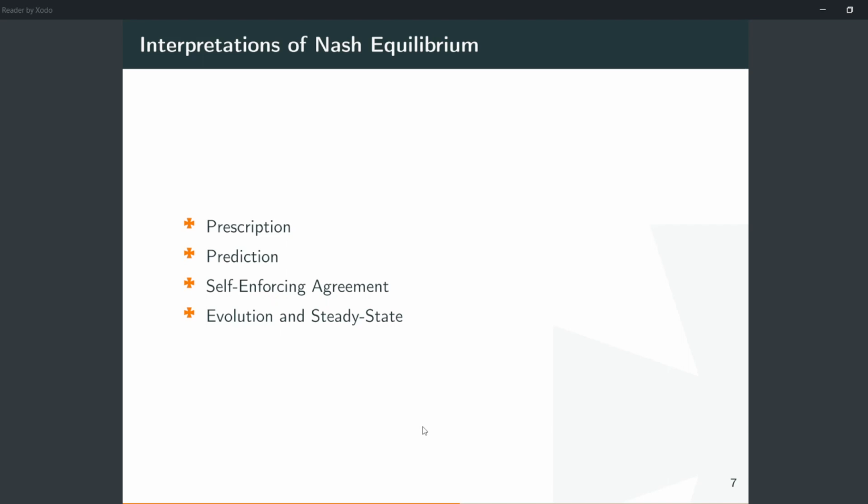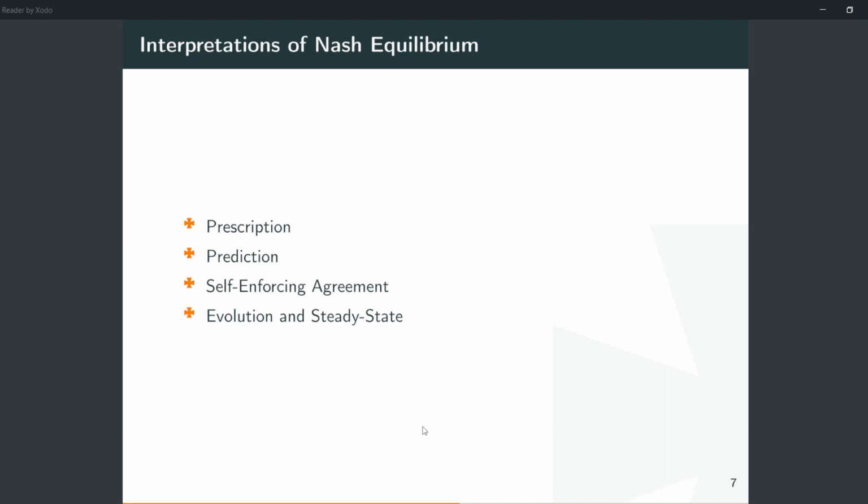This can be viewed as an implicit or explicit agreement between the players, because once this agreement is reached, there need not be any external means of enforcement, since it is in the self-interest of the players to follow the agreement. If they don't follow, they cannot become better off anyway.